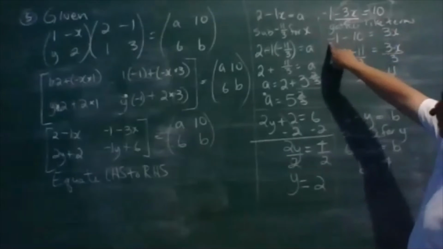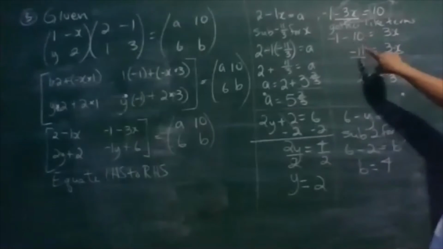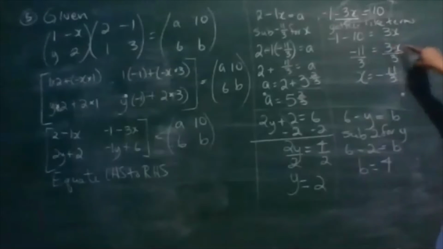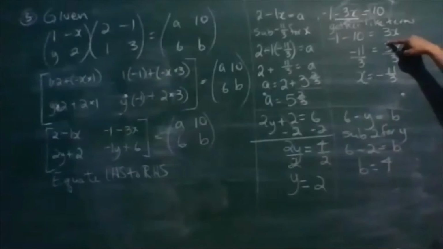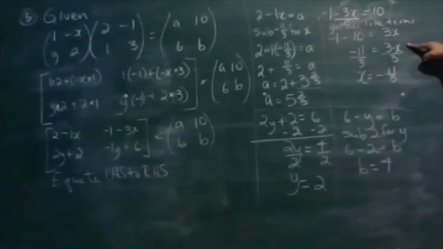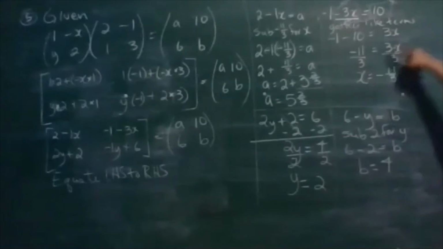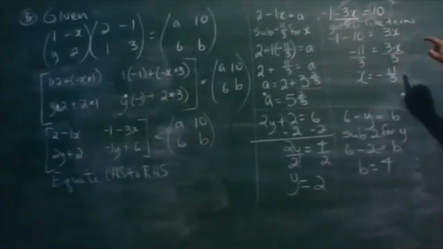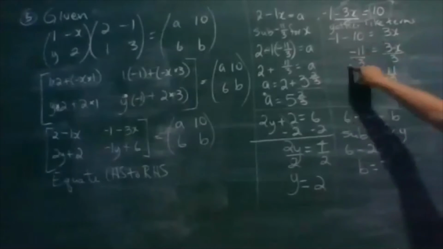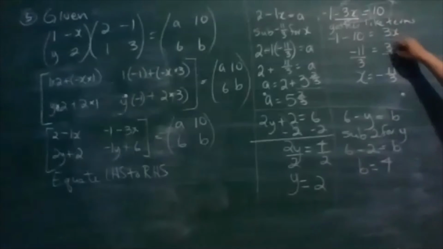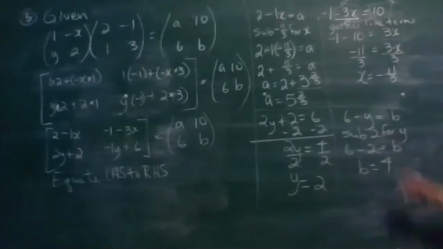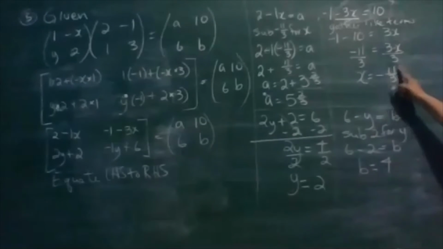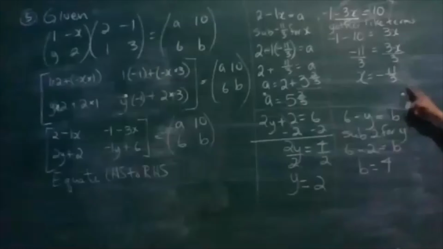We know that negative 1 minus 10 is negative 11, equals 3x. But this is 3 times x. I don't want 3 times x, I want x. So the opposite of multiplying by 3 is I divide both sides by 3. Remember, whatever you do to one side, you have to do to the other. So this will cancel, leaving me x equals negative 11 thirds.